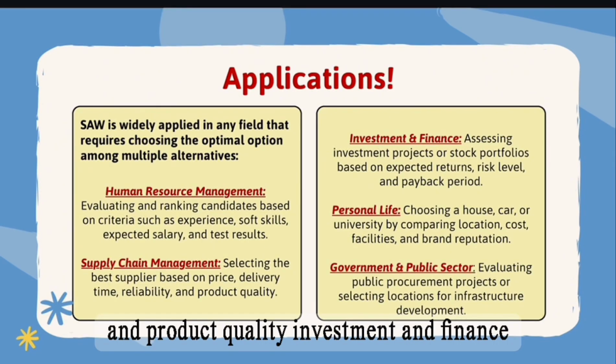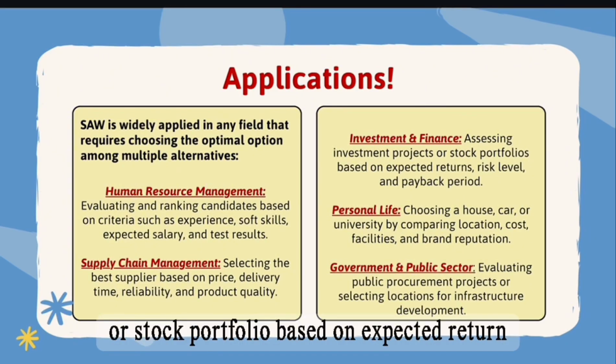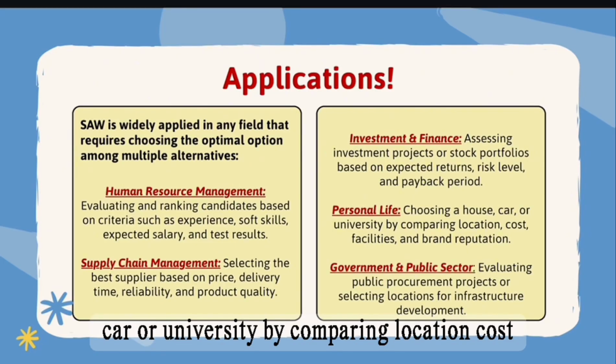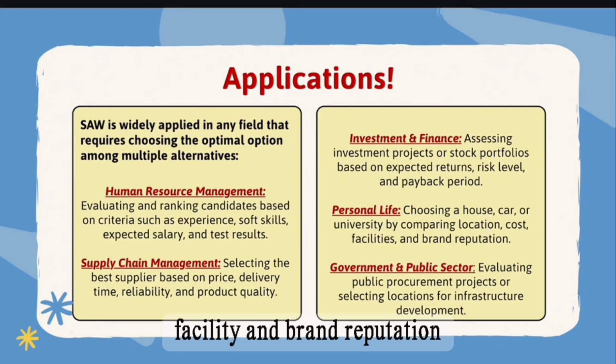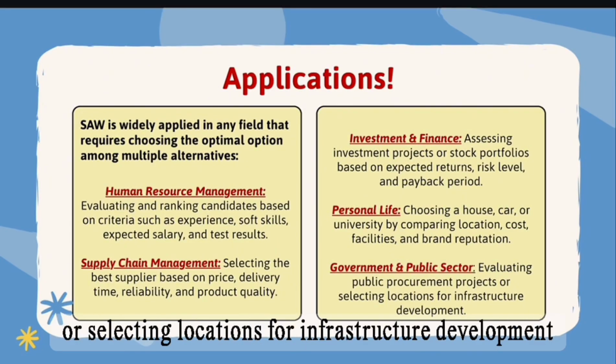Investment and finance: assessing investment projects or stock portfolios based on expected return, risk level, and payback period. Personal life: choosing a house, car, or university by comparing location, cost, facility, and brand reputation. Government and public sector: evaluating public procurement projects or selecting locations for infrastructure development.